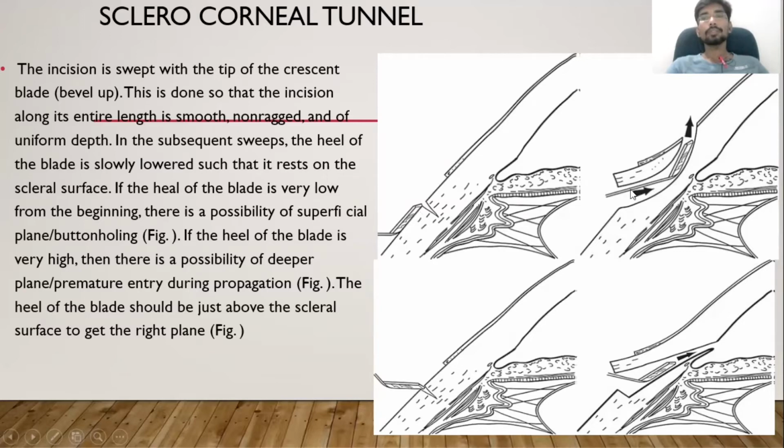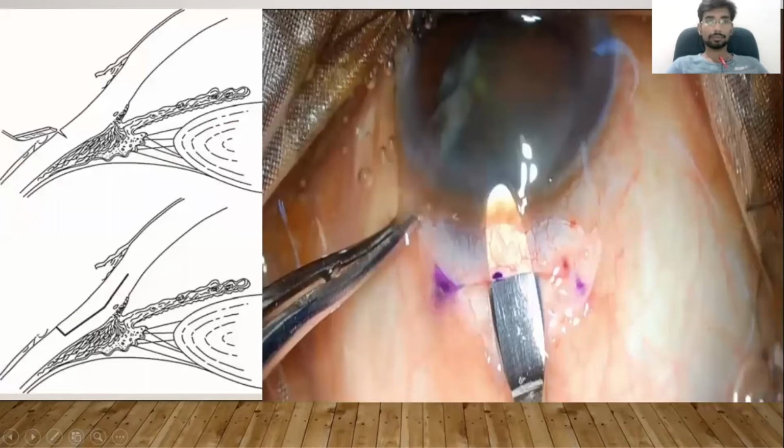If the heel of the blade is very low from the beginning, it will result in buttonholing. If the heel of the blade is high during the tunnel, it will result in premature entry. So how do we assess the ideal depth of the corneoscleral tunnel?